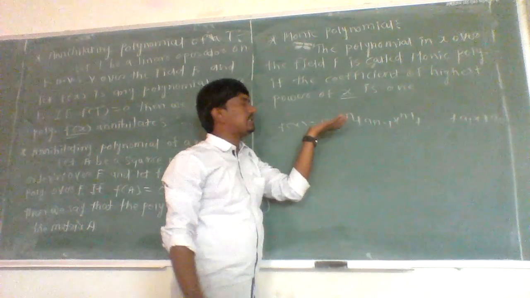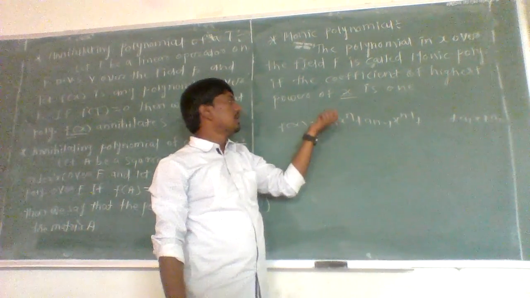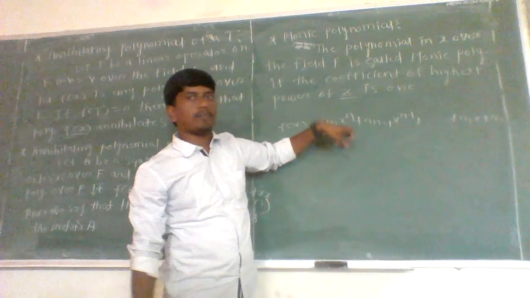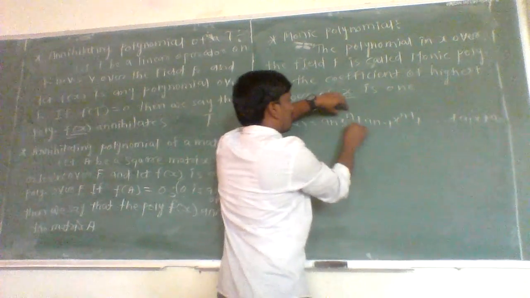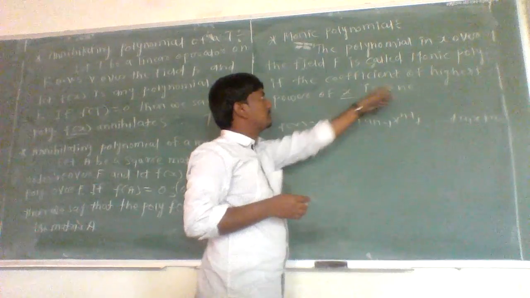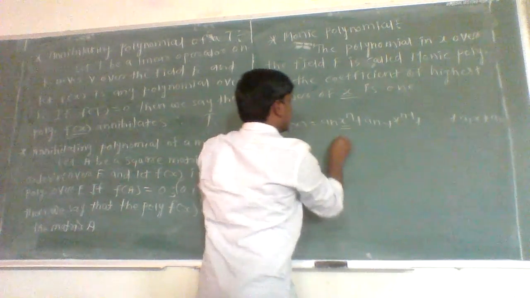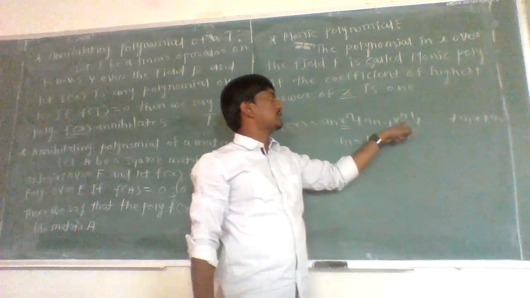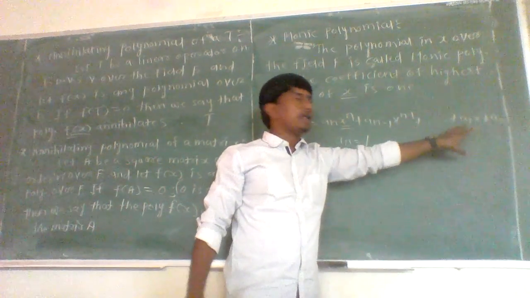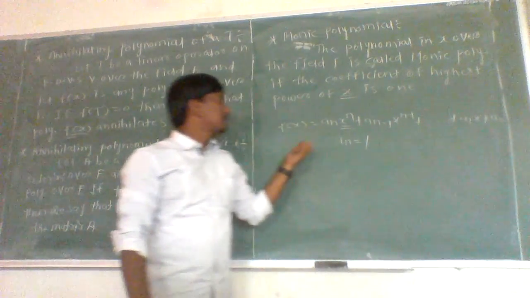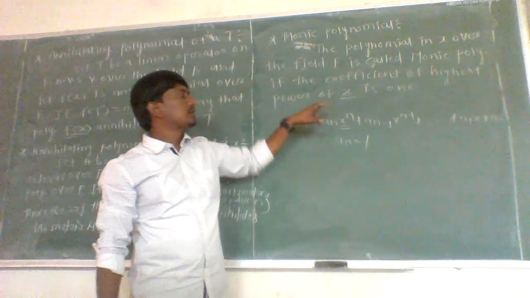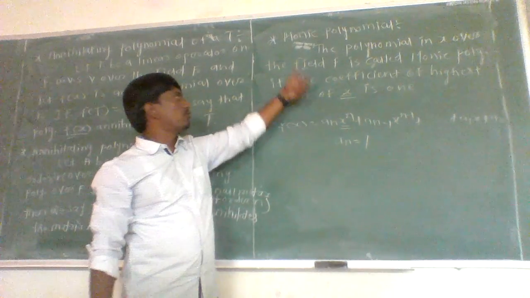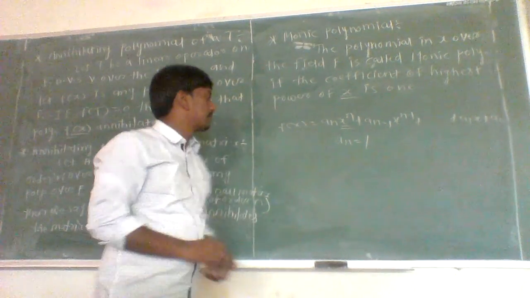Then this polynomial is said to be a monic polynomial if the coefficient of the highest power of x, and here n is the highest power of x, is equal to 1, that is, a_n = 1. Then the corresponding polynomial f(x) is said to be a monic polynomial.